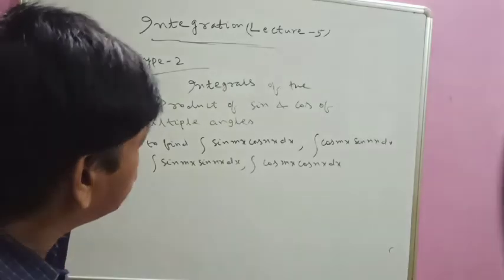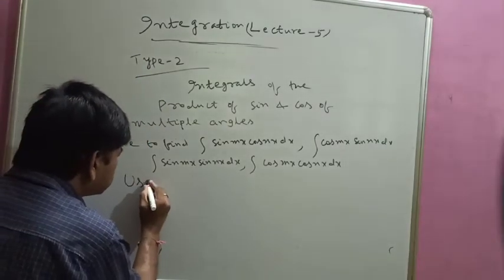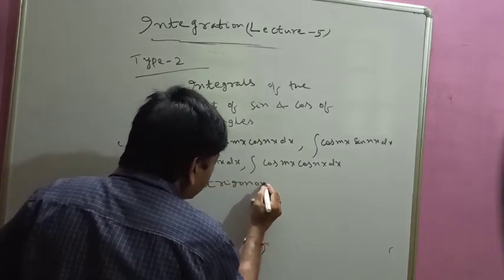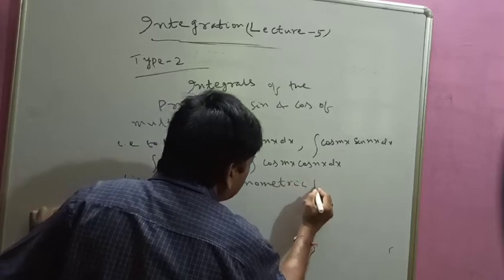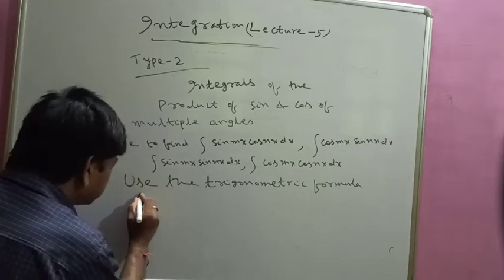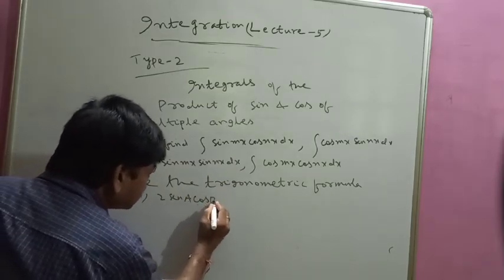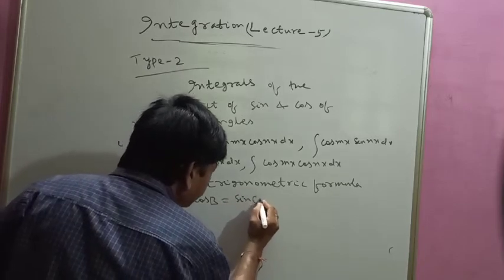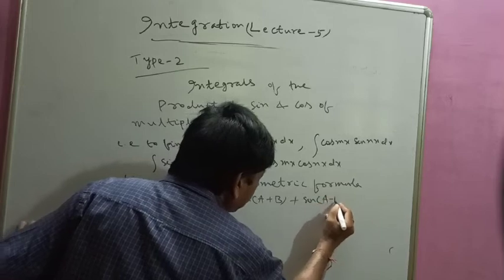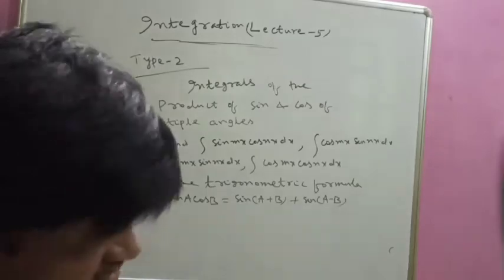So what we will do for this type of question is use the trigonometric formula. 2 sin a cos b is equal to sin a plus b plus sin a minus b. Okay, so this you have already learnt in class 11.